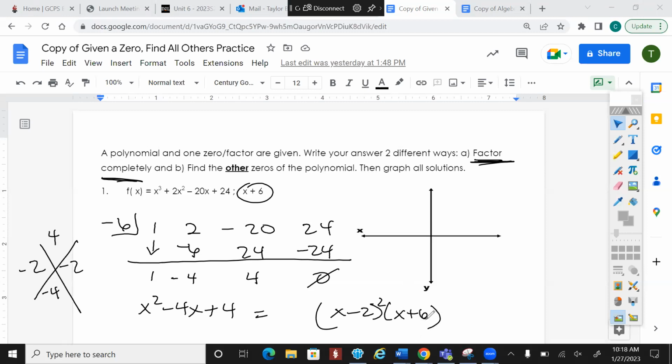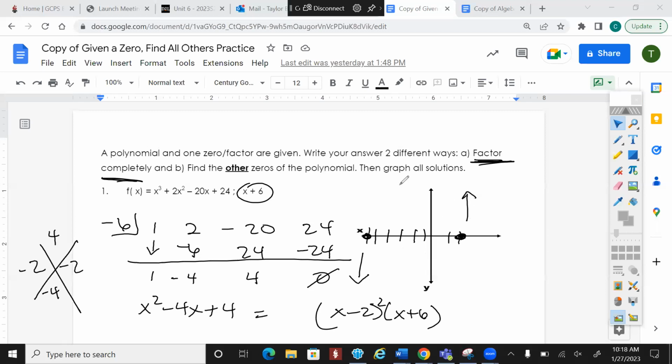Where are our zeros going to be based off of that equation? Positive 2 and negative 6. Okay, now what degree polynomial is this? It's a positive odd, so we know that end behavior is going to be down on the left-hand side, up on the right-hand side.